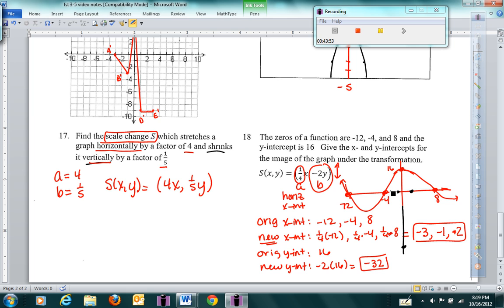So let's see, what would that have to look like? Something like that. Okay? So it's going to be stretched vertically, flipped over the x-axis with this negative sign right here, and then it would be 1/4, so smooshed up, not quite as wide.